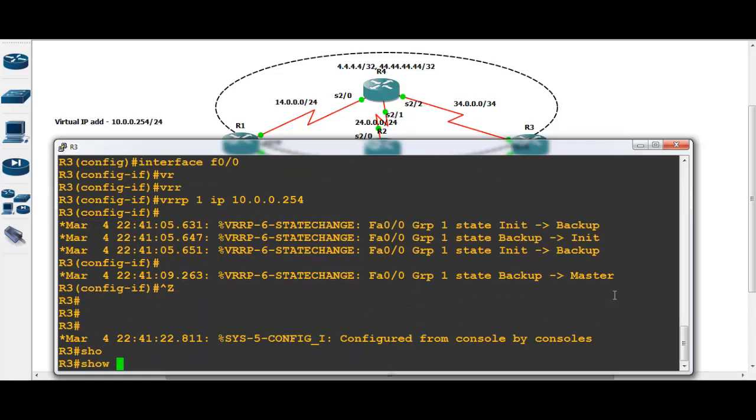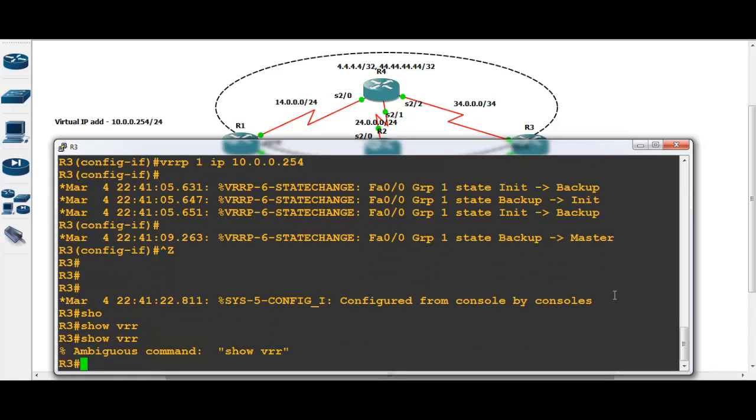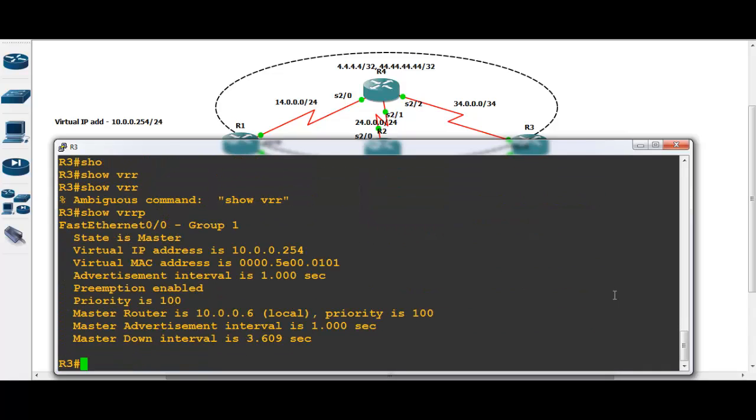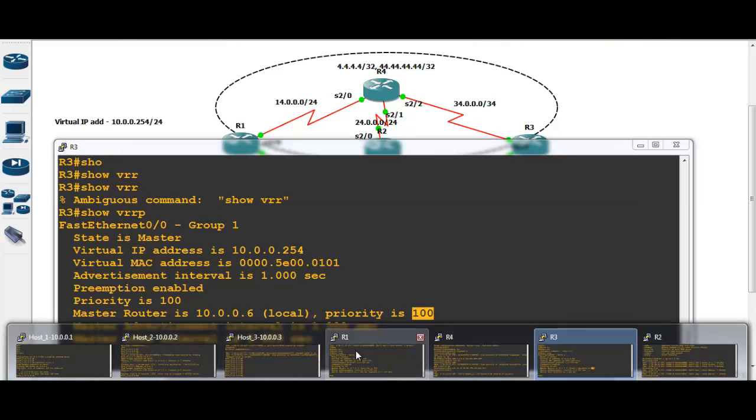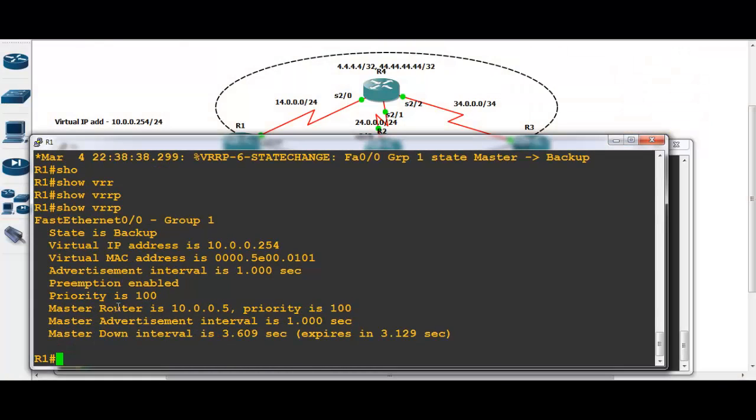Show VRRP. Now we see here this is the master. The local is the master, and the master priority is 100. You don't see this local word on the other router. When we were seeing here, master is someone else. It's not local.